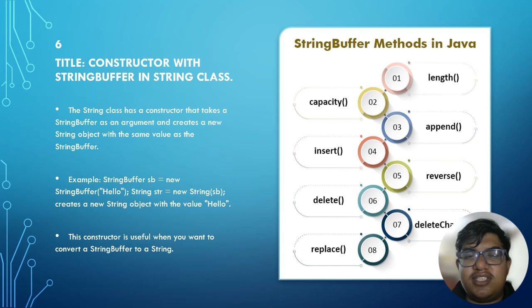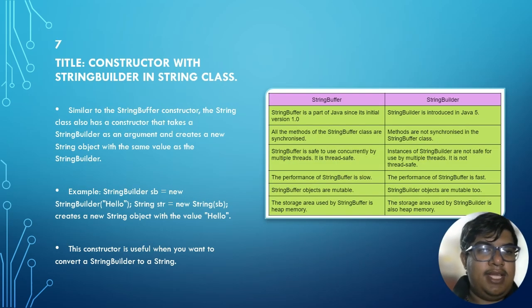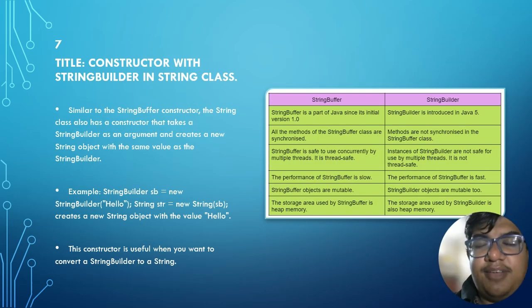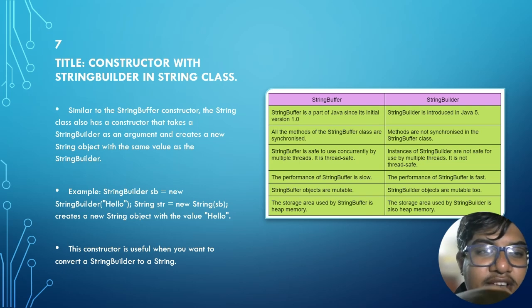Constructor with string builder in the string class. Now, similar to the string buffer constructor, the string class also has a constructor that takes a string builder as an argument and creates a new string object with the same value as the string builder. String buffer is part of Java since the initial version 1.2 and string builder came around version 5.